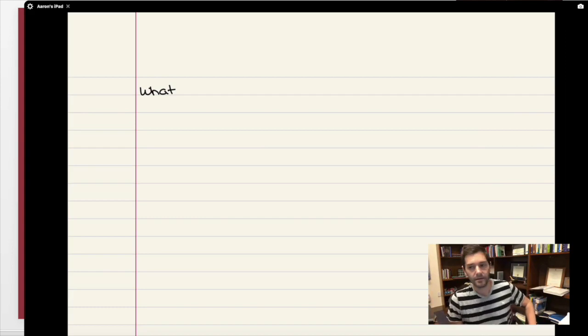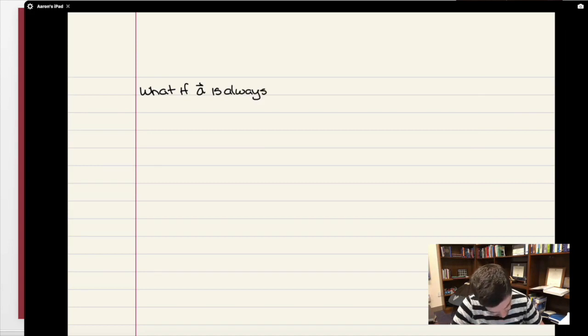Let's consider a different scenario, not projectiles, but just ask, what if the acceleration vector is always perpendicular to the velocity vector? And we could think, what does that mean about how the velocity vector is changing?